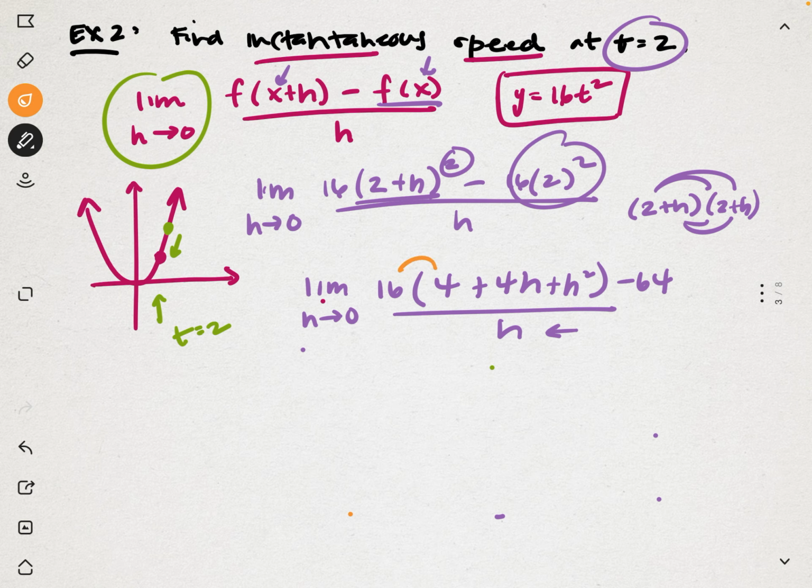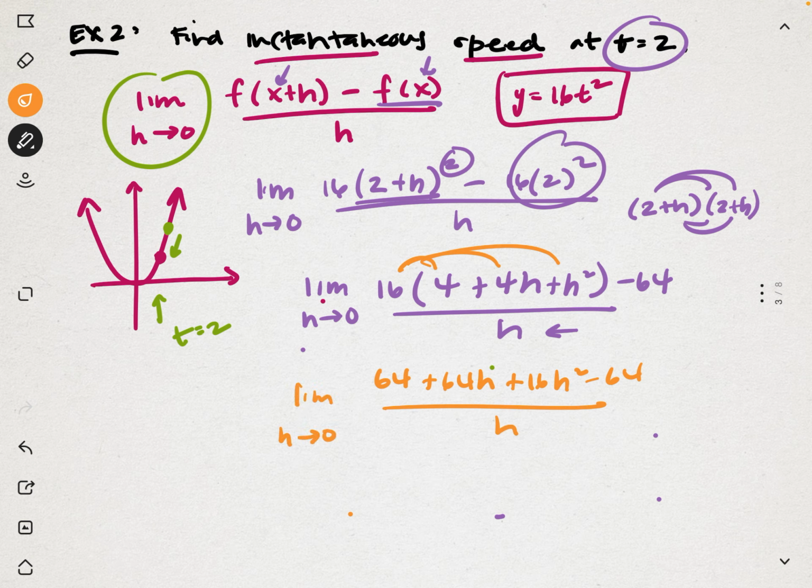Okay, so let's distribute this. 16 times 4 is 64, so 16 times 4h is 64h. And then 16 times h squared is 16h squared, minus 64 over h.